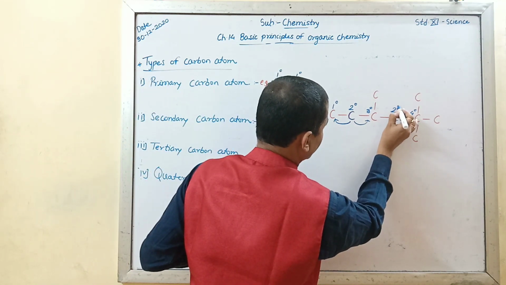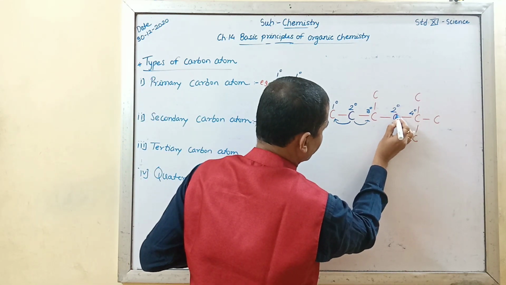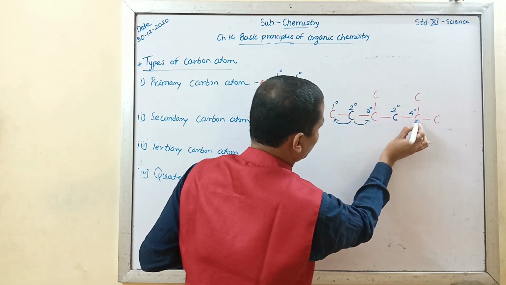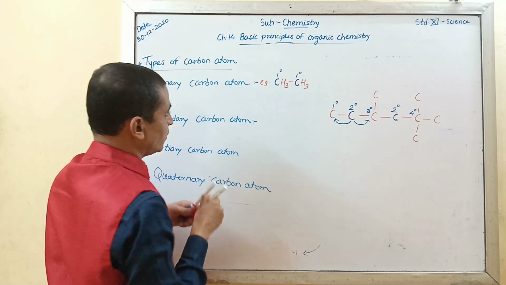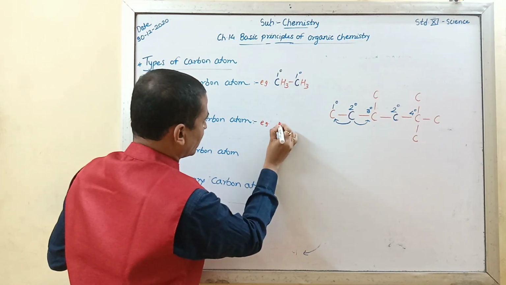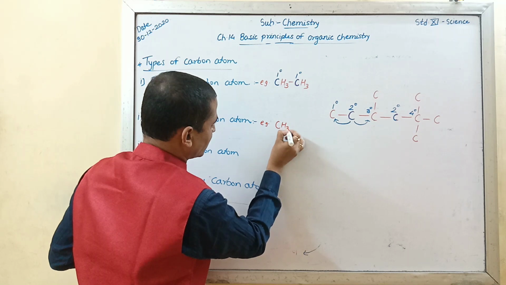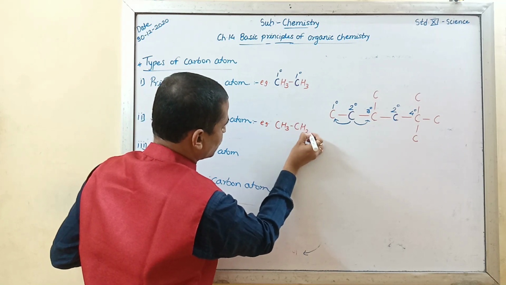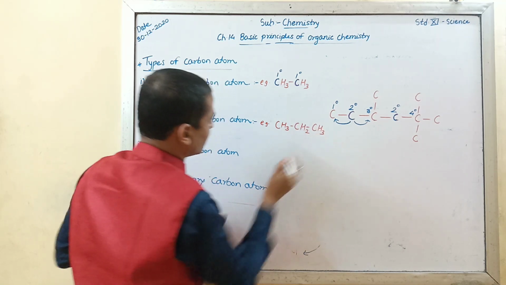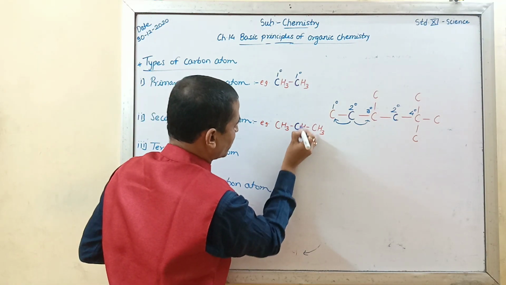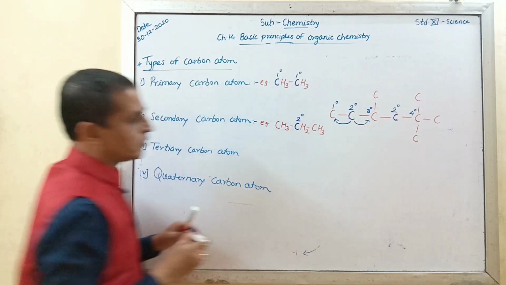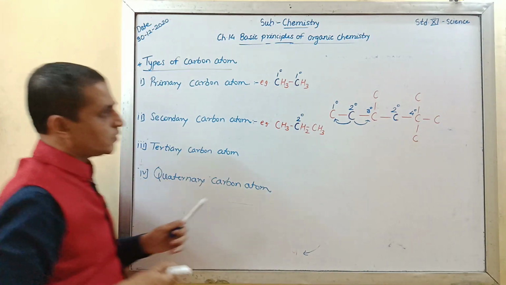Again, this carbon atom is attached to one and two carbon atoms, so it is also secondary. See the example: CH3, CH2, CH3. Here, this carbon atom is what? Secondary.